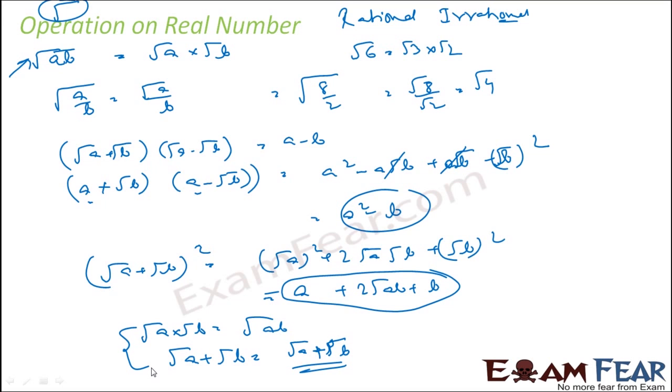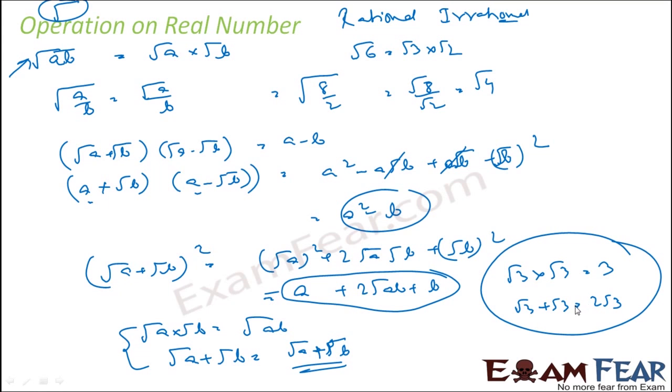There's the difference. For example, root 3 into root 3 is equal to 3, but root 3 plus root 3 is equal to 2 root 3. Please mind this.